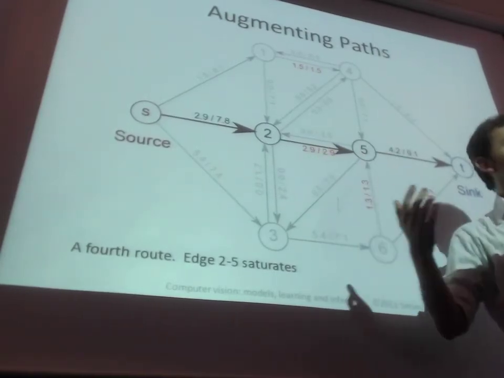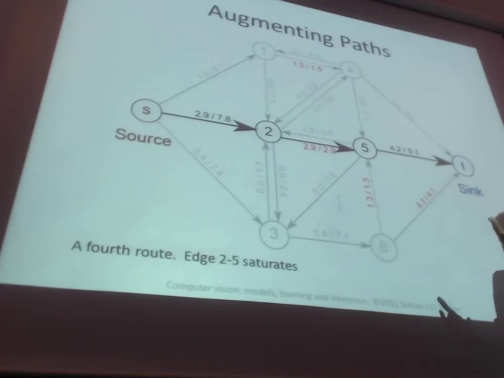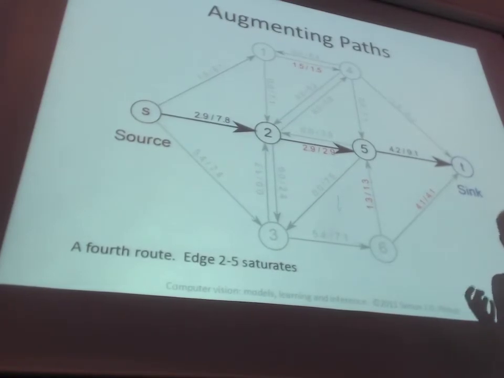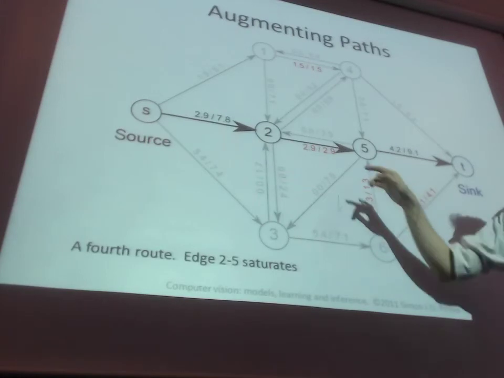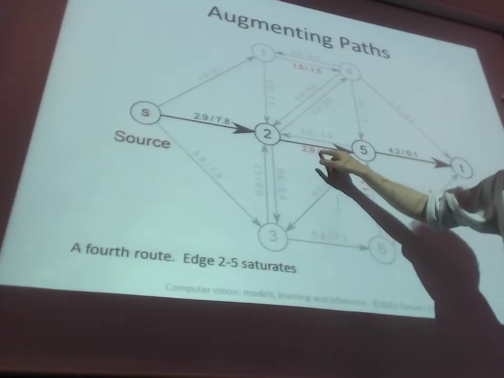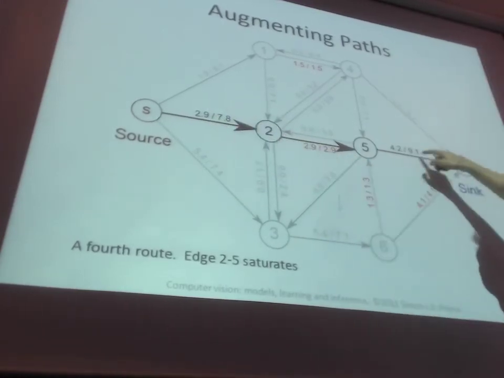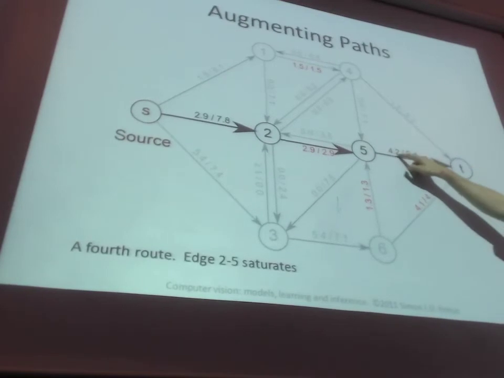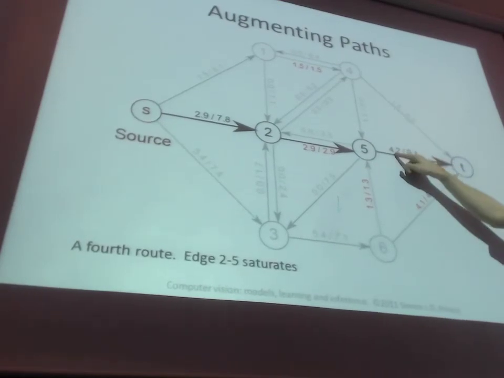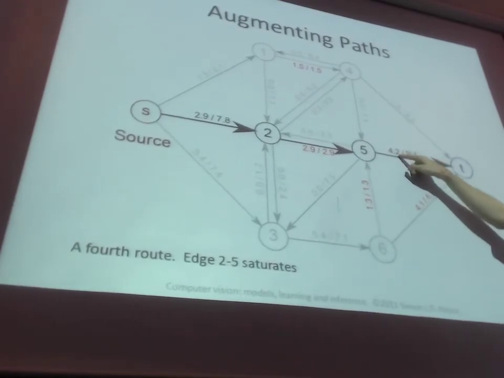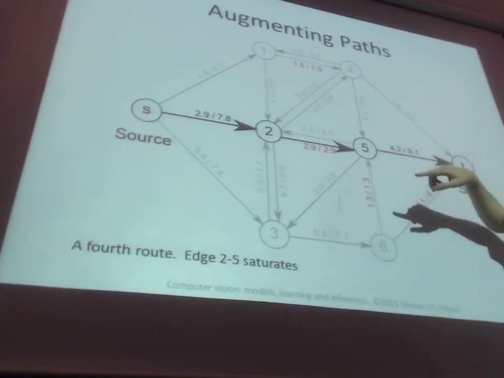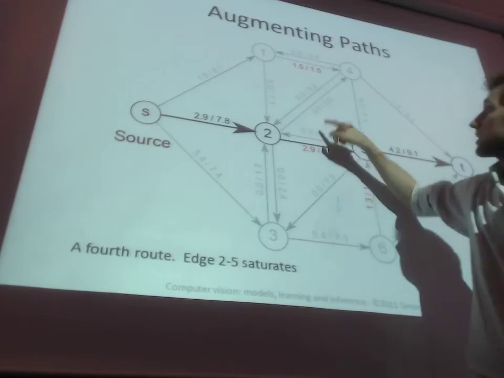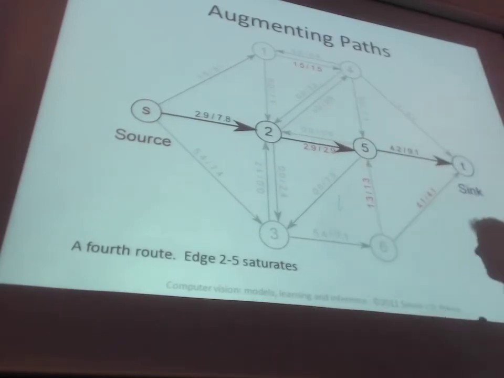So in any path, you're always limited by the minimum capacity that's remaining. This one only has 2.9, so everybody loses 2.9. Remember, this one was already being used a little bit, so now 2.9 added on to, what was it, 1.3 previously. And we now have 1, 2, 3, 4 saturated edges.